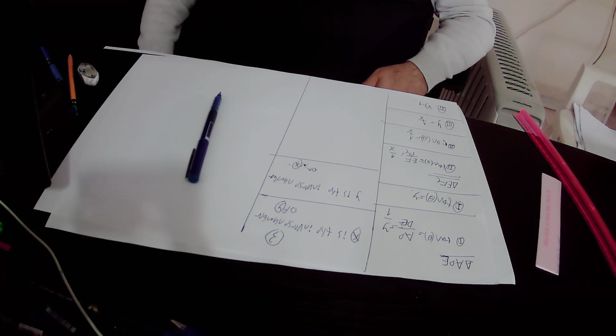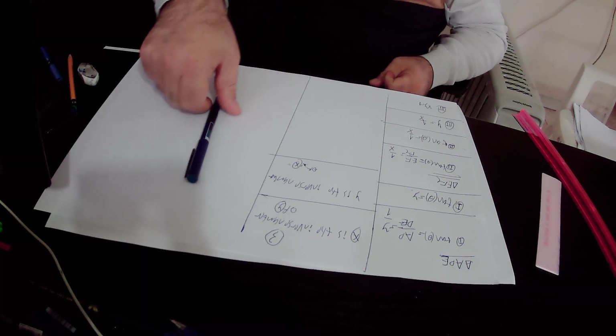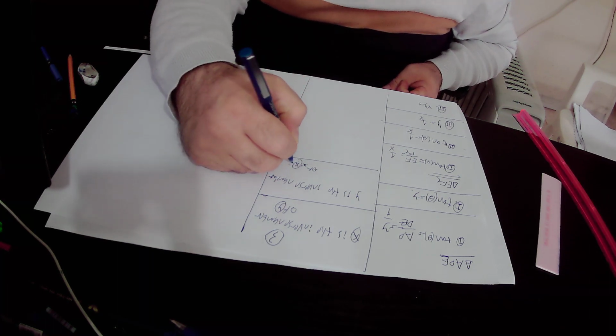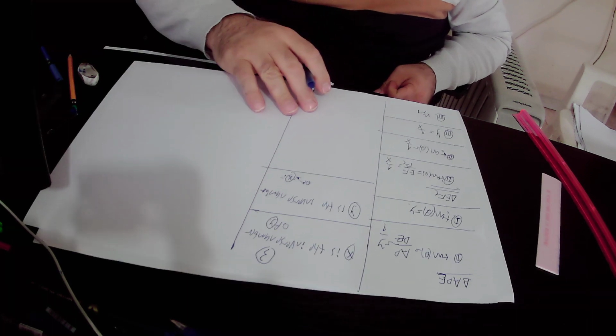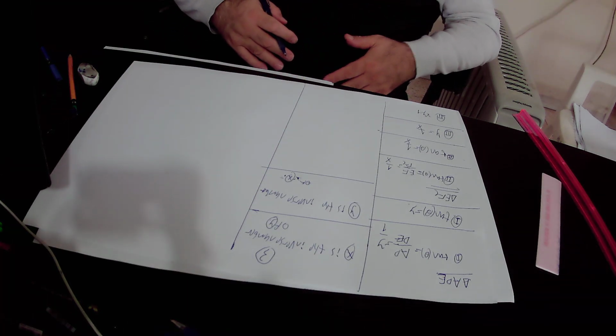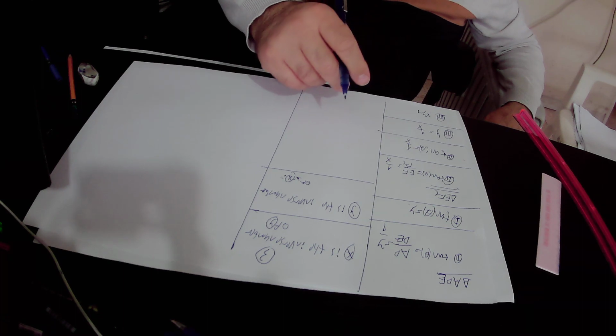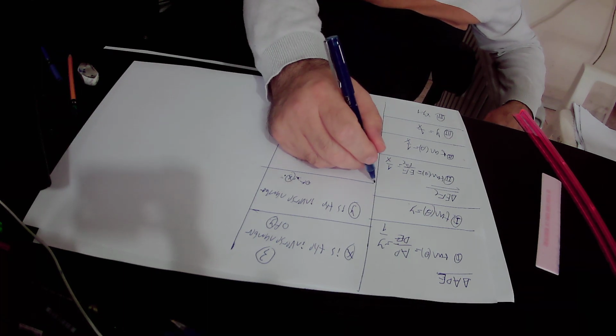For example, we know that 5 times 1 over 5 equals 1. Therefore, 5 is the inverse number of 1 over 5, and 1 over 5 is the inverse number of 5. Okay? And we also have the rule that every number has only one inverse number.